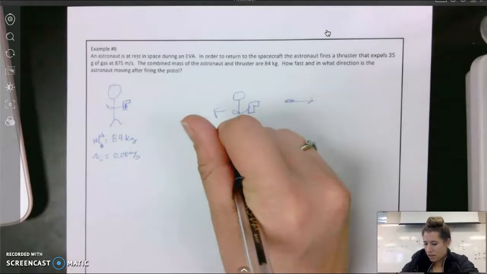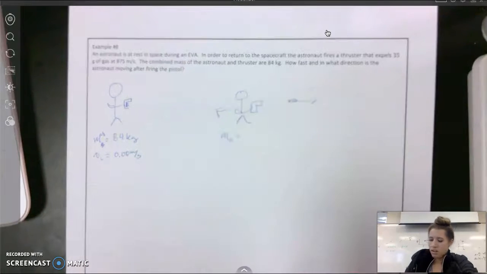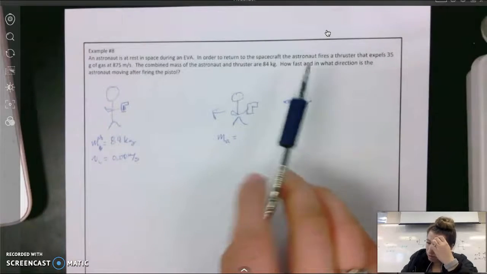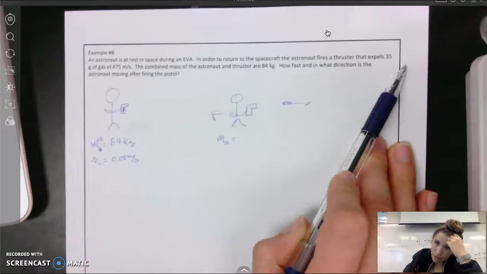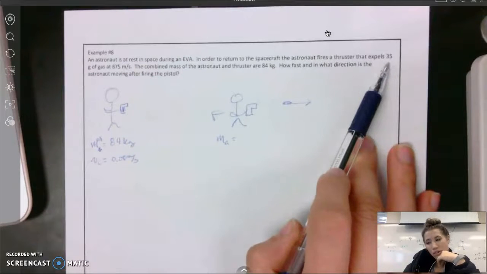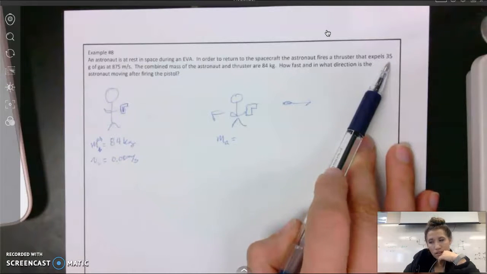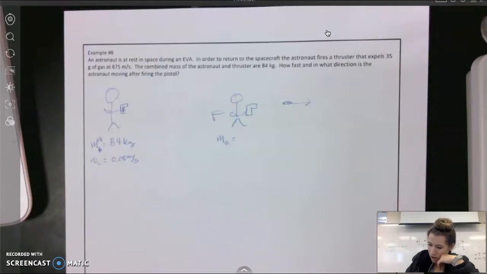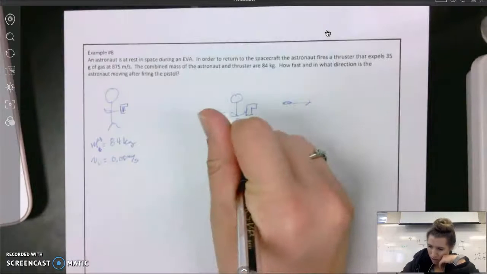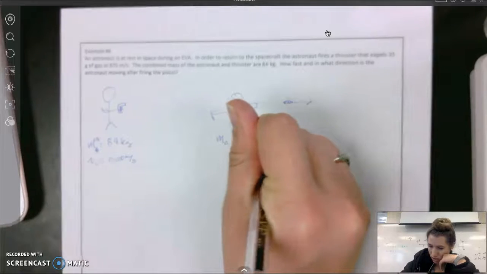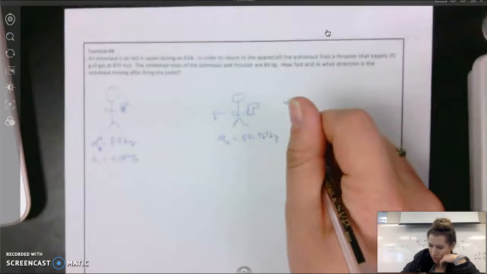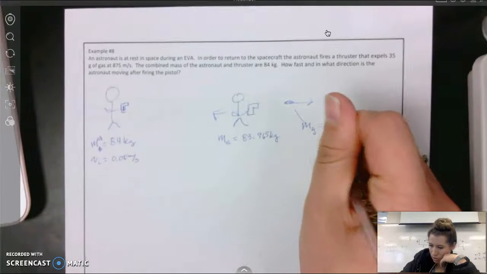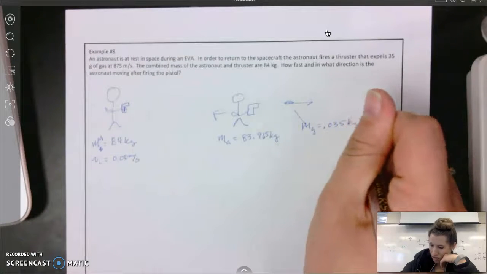And then this will be the mass of just our astronaut. And so that would be mindful that this is grams, okay? So in kilograms, that would be 0.035 kilograms. So I'm going to take 84 minus the 0.035. So that'd be 83.965 kilograms. And then the mass of the gas is 0.035 kilograms.